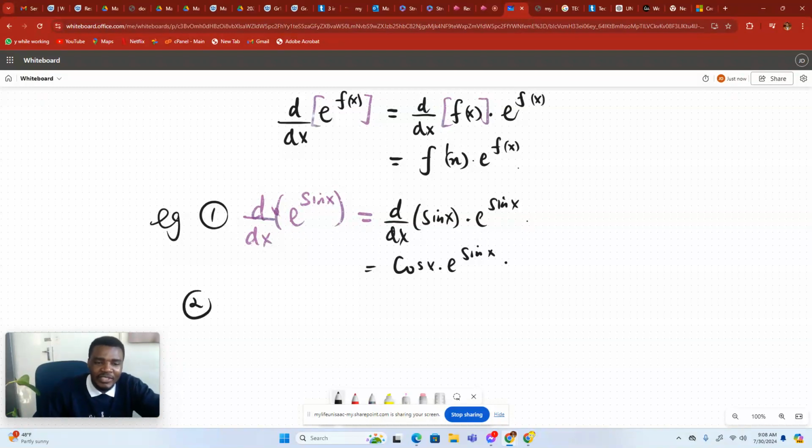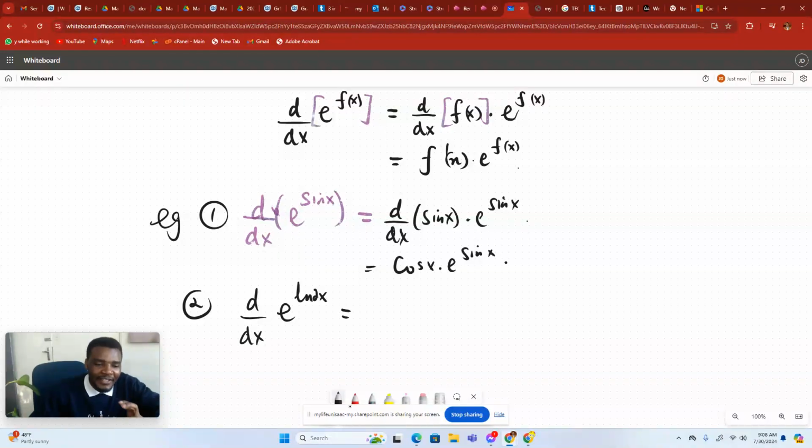Let's reinforce this concept further by means of another example. What if you want to find the derivative of e to the power of ln of 2x?